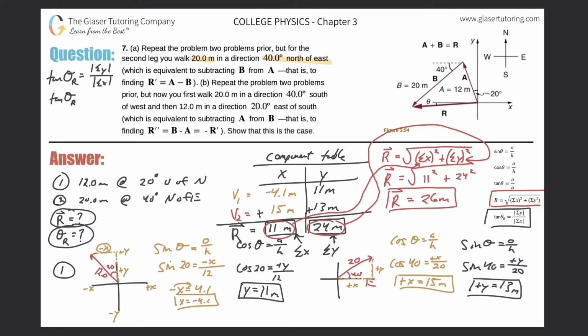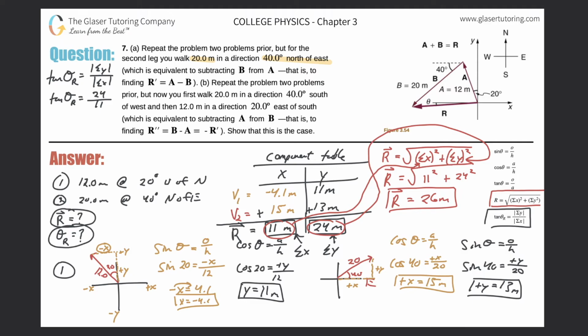So what was the sum of all the y's? 24, right? Sum of all the x's, 11. And they're both positive, so I don't really need to do anything there. So now do this. Take 24 divided by 11, and then do the inverse tangent of that, or second tan of that number. So second tan of 2.2, because we got to round to 2 sig figs.